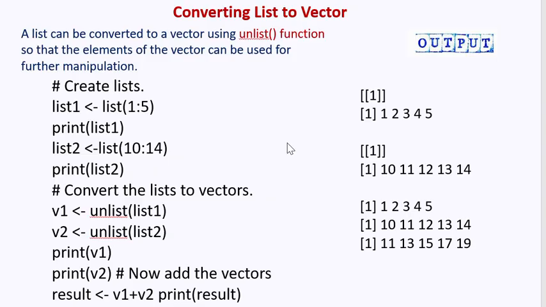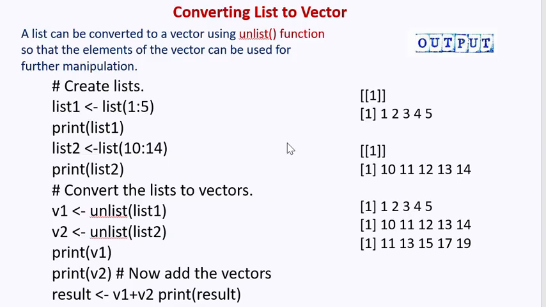In the same case, instead of giving it in an expanded way, we go with the sequence form. So now list 1 and list 2 are ready, and we just printed these values, and you can see the sequence in the output. That is 1, 2, 3, 4, 5 stored in list 1, and 10, 11, 12, 13, 14 stored in list 2.